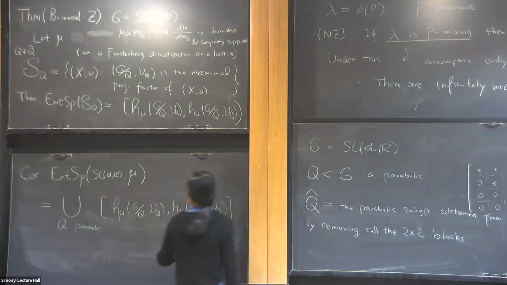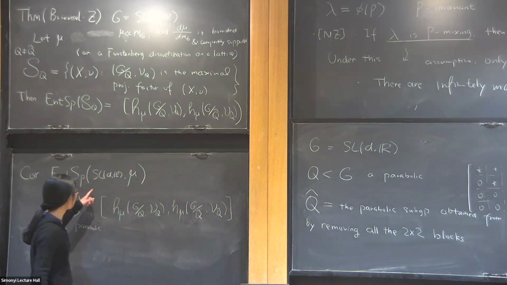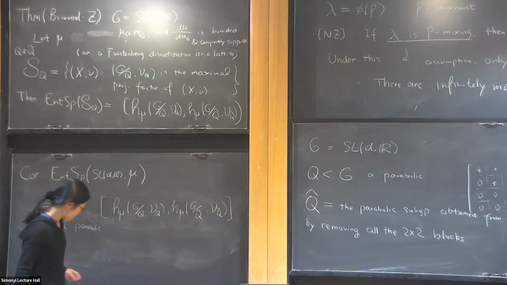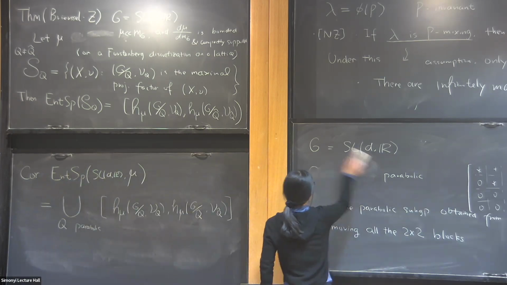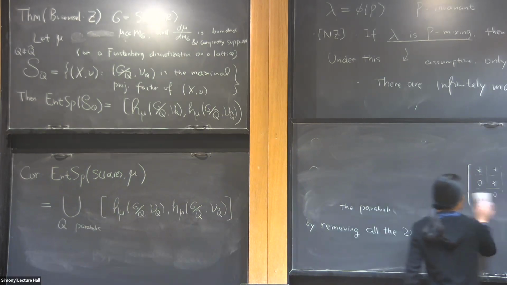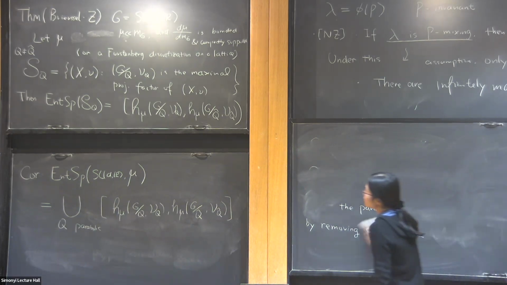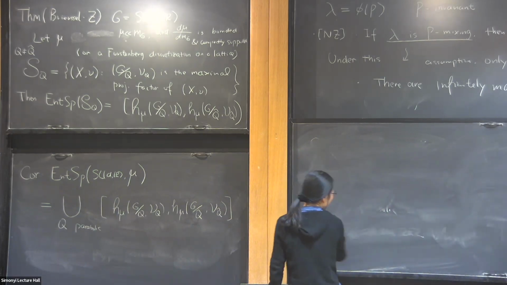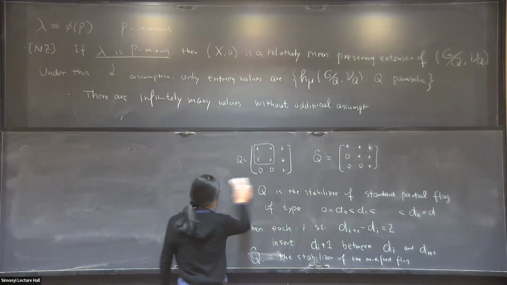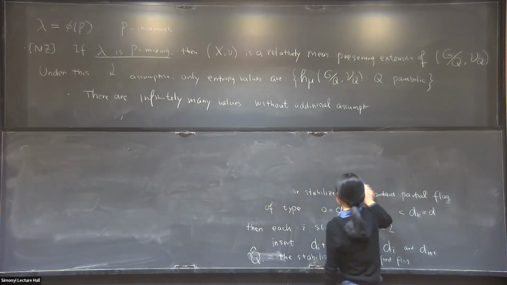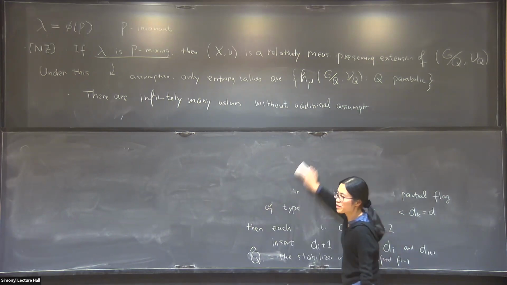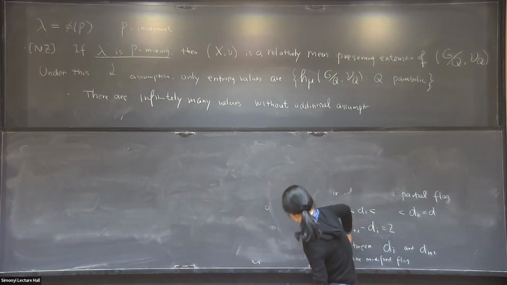But we do not know, for instance, maybe write it as a question. We do not know what the entropy spectrum is for other groups, say you can start with rank 1 simple groups, because these are the essential building blocks for this.